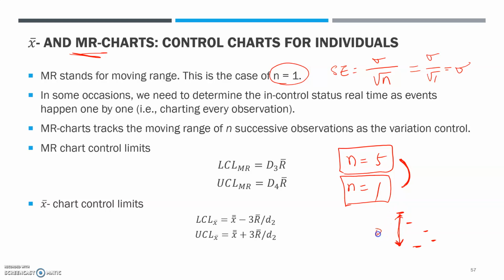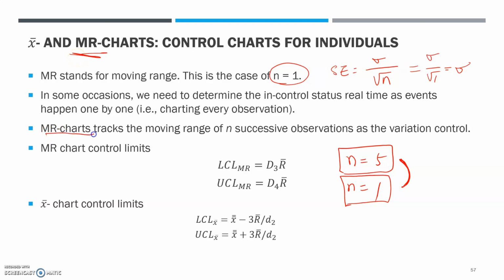We multiply with D3 or D4 to obtain the process variation estimates. But when you have only one sample, that is just not possible. So that is why we need to utilize this special chart called a moving range chart.